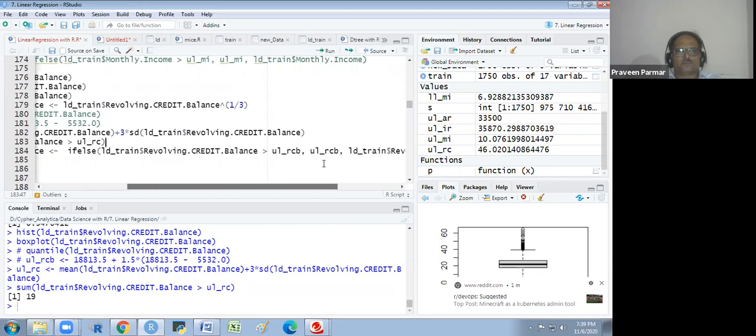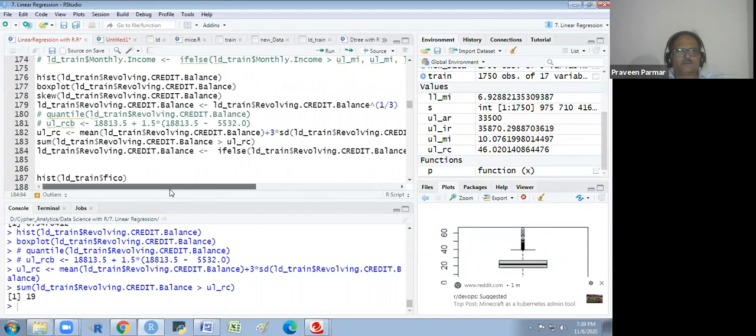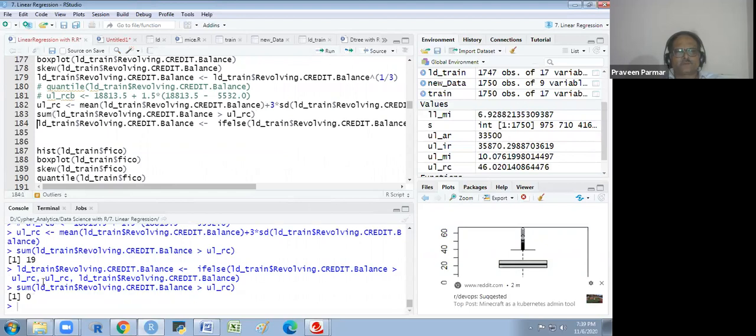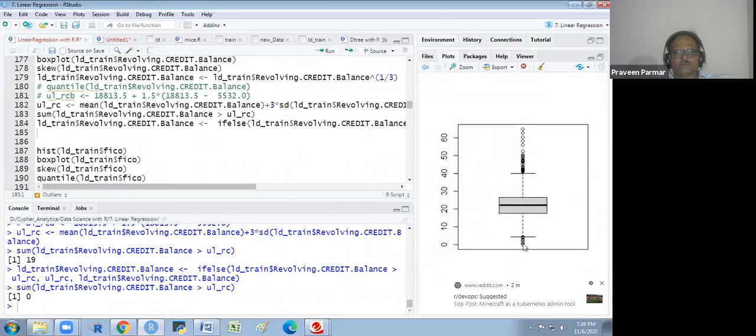So I adjust them and I will show you again. There is no outlier on the lower side. We also see, because it is showing me that there may be possible some outliers over there.